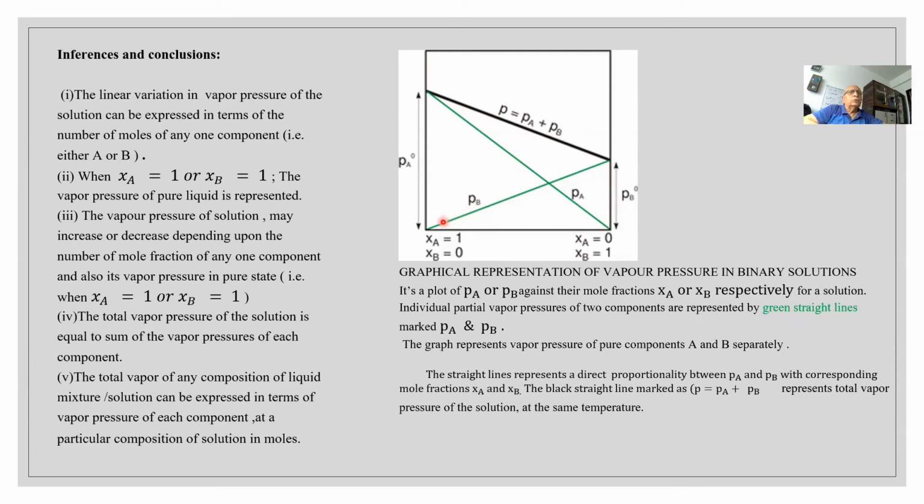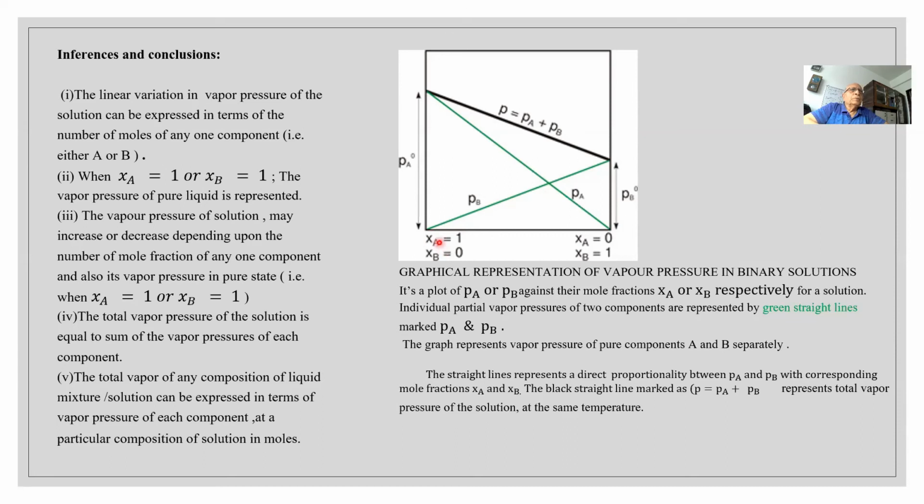Simply going through it once may not be very effective for learning. You have to study it carefully, draw it carefully, and solve the related problems carefully. Because in your questions or problems, you get a graph drawn like this, and a number of questions are asked. So this has to be understood carefully.